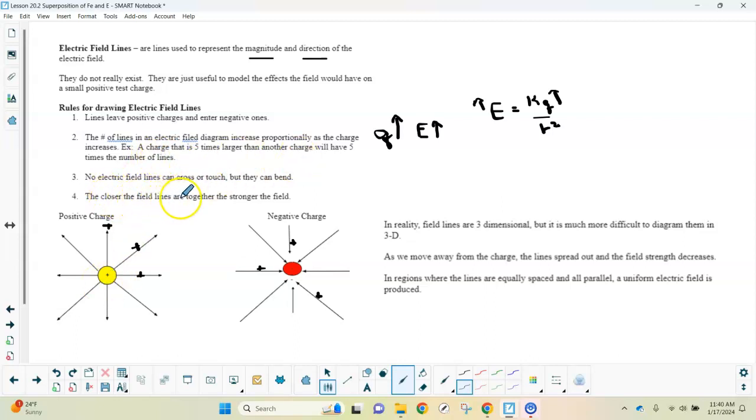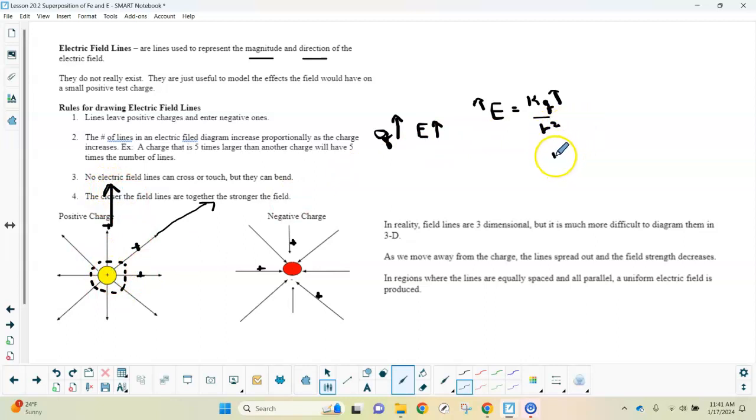Electric field lines can't cross or touch, but they can kind of curve or bend, so the word line is a little misleading. And then the closer the field lines are together, the stronger the field. So as you're closer to the source of the electric field, the lines are closer apart. As you move further away, they spread out. So when you're close to it, r is small.